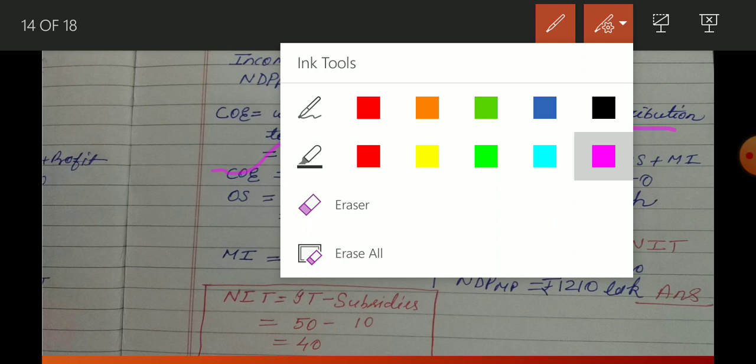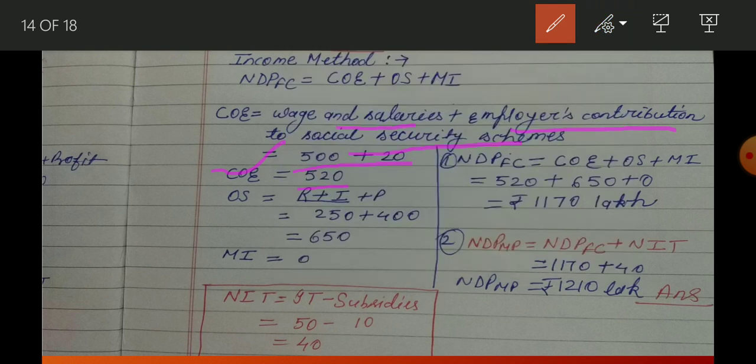Now we have to calculate the value of operating surplus. Here the value of rent and interest is given 250 and profit is given 400. In this way the value of operating surplus is 650, and the value of mixed income is not given in the question, so we will consider it 0.